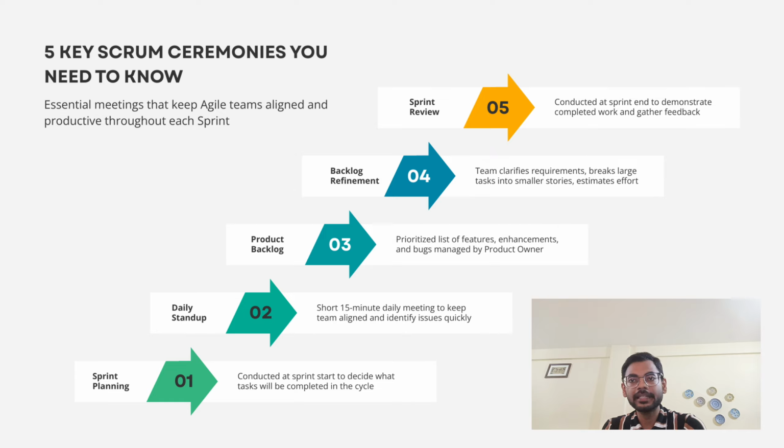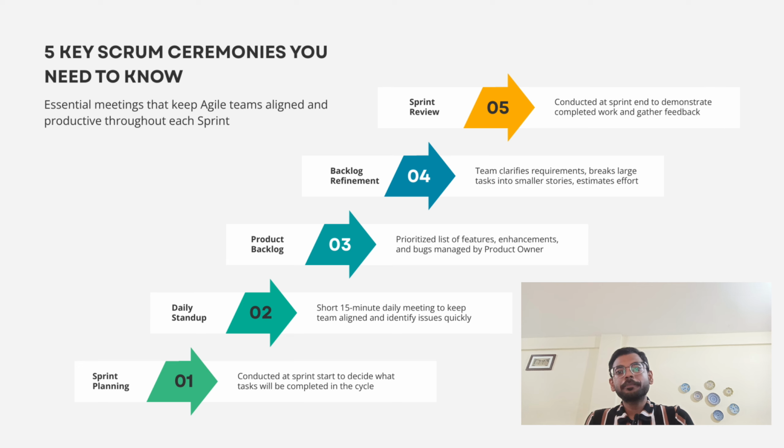In the daily stand-up, the teams discuss what work was completed on the previous day and what work is planned to be completed that day, and if any priority changes happen, that is also adjusted. These are the discussions that happen in a daily stand-up meeting.